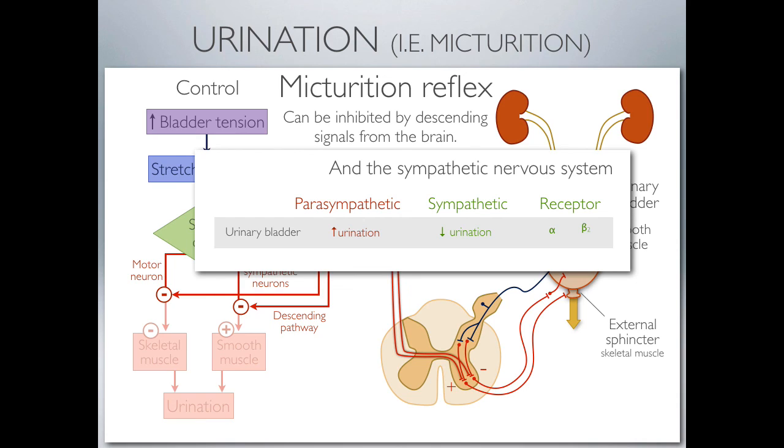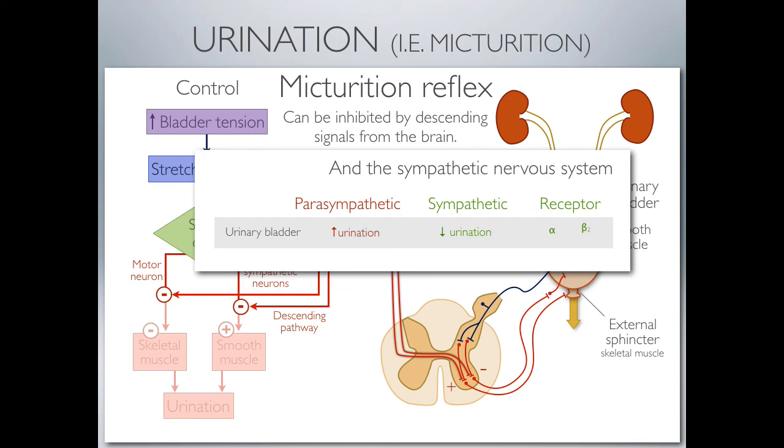If there are alpha receptors, you can infer that there are sympathetic neurons that release norepinephrine, so the sympathetic nervous system can influence bladder tension as well. Basically, if you're being chased by a bear, the walls of the urinary bladder tend to relax, and you are less focused on urination in general. You might ask, what about people who are so scared that they pee their pants? I don't really have the answer to that, except that there seems to be a very nonlinear effect of sympathetic inputs. Okay, any questions about micturition?